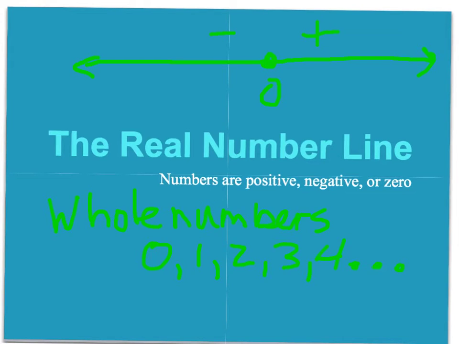Another way we can think of the whole numbers is as the counting numbers. And if we want to graph the numbers, we just make a point on our number line, and that is the graph of the number 1. This is the graph of 2. So there is a number line and our whole numbers.